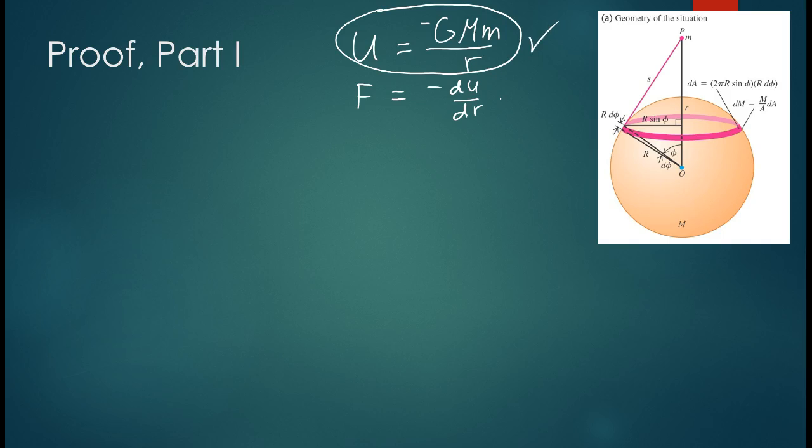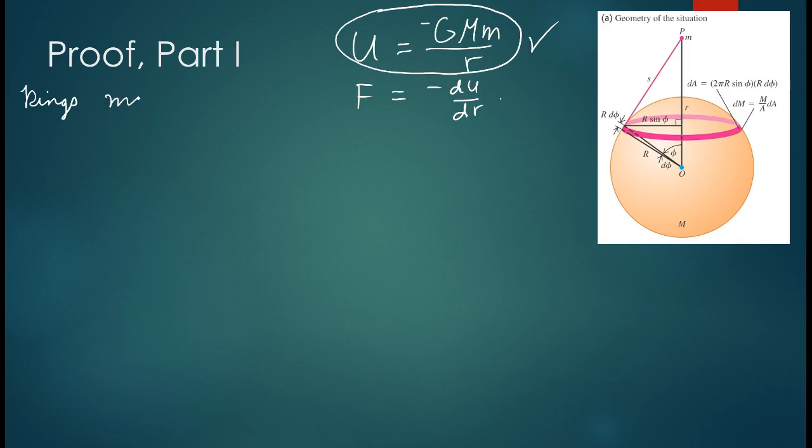Okay? So the first thing that we do is we take this shell and we break it up into rings. One of these rings is shown in this diagram. And this ring can therefore be thought of as a small amount of mass dm.